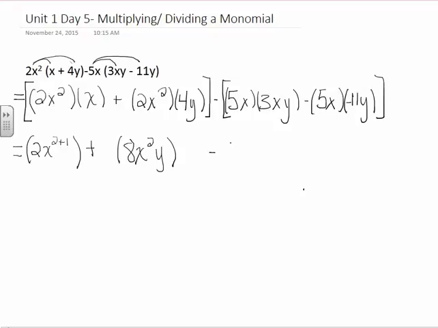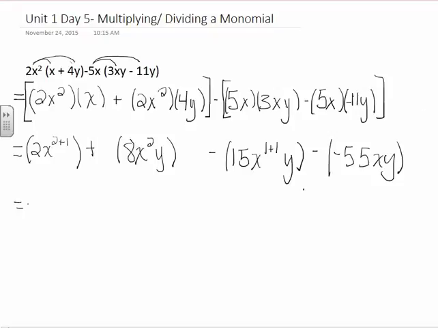And then we have 15, and y does not have another y to combine with. And then we have minus negative 55xy.